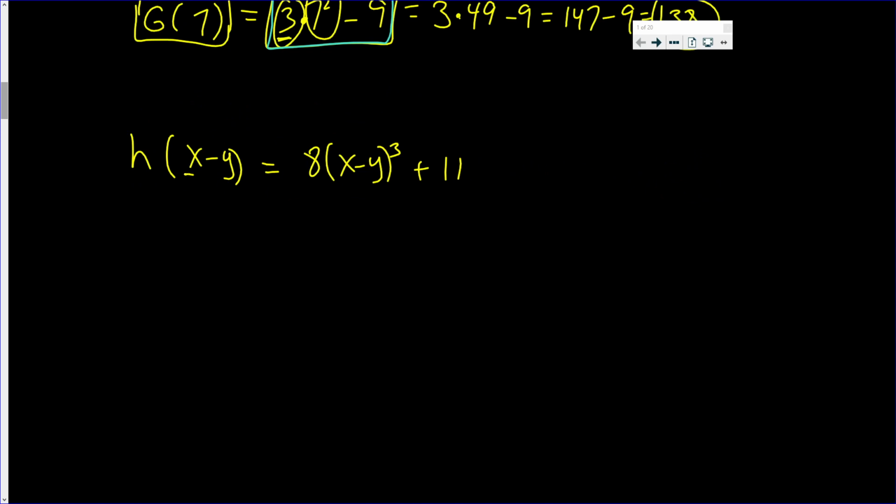So, what's being done to this? Oh, there it is. It's being cubed and then multiplied by 8. And then add 11. If I ask you what h of 4 is, well, I cube it, I multiply it by 8, and I add 11.